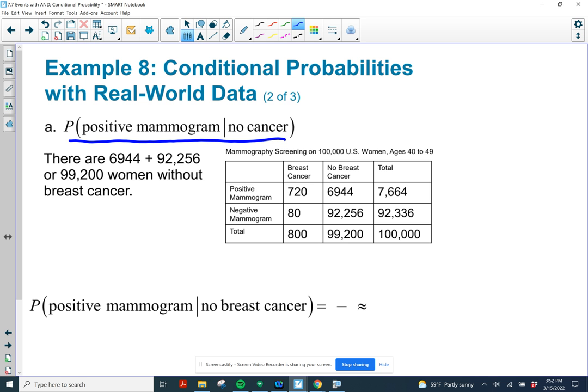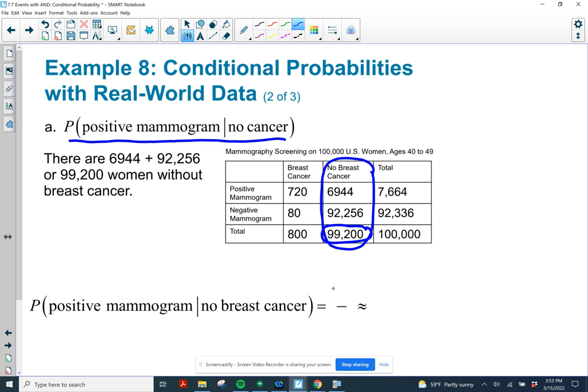In that table, there are 99,200 women in the study that did not have breast cancer. So that's going to be the denominator of our fraction. We're restricting our sample space to this column right here, no breast cancer. What's the probability of a positive mammogram given that she does not have breast cancer?